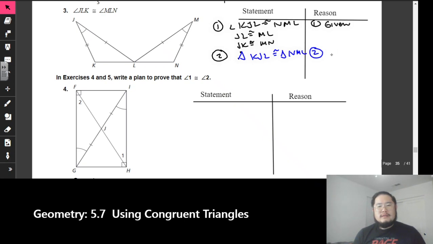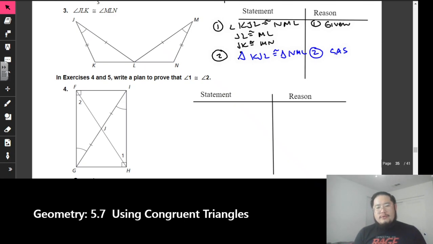Reason, side angle side. We have side, included angle, and the other side right there for both triangles.